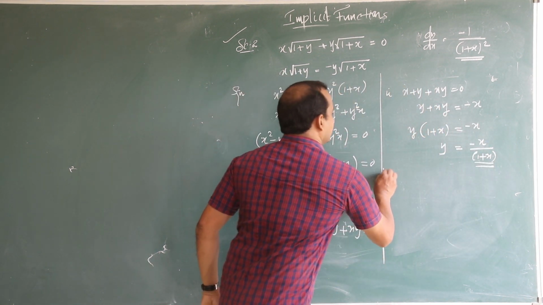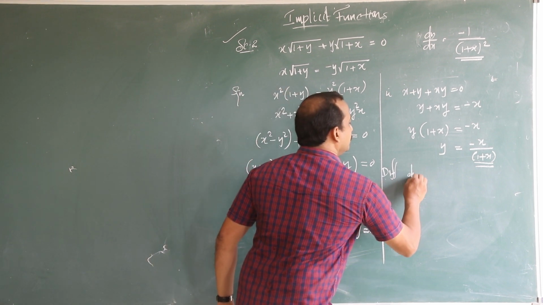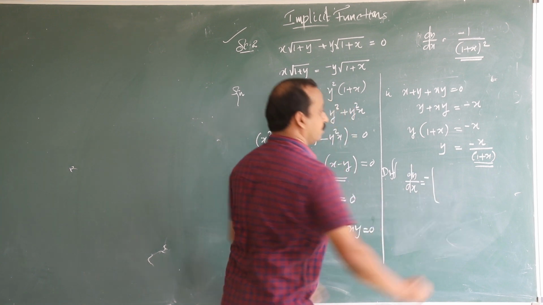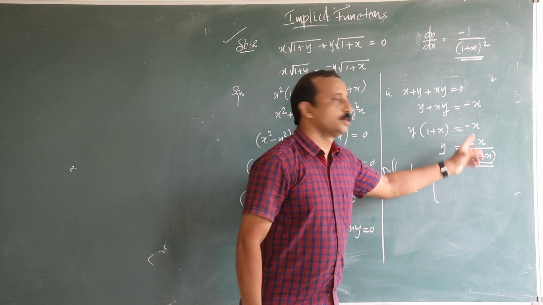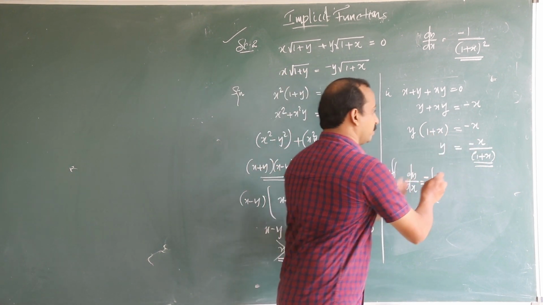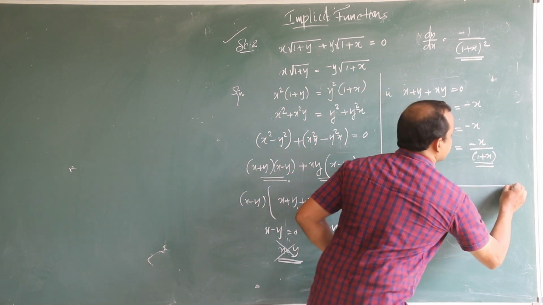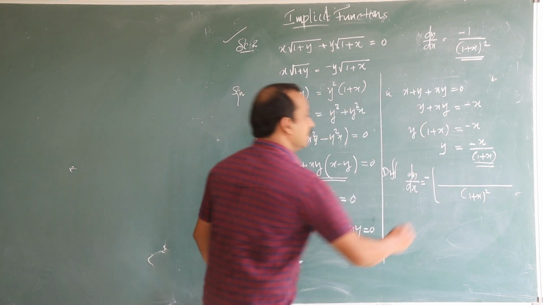Now differentiate with respect to x. That means dy by dx is equal to minus of, here minus is a common term, so we take minus outside, then we apply the quotient rule to x by (1 plus x). Using the quotient rule, we get the denominator square, that is (1 plus x) the whole square.